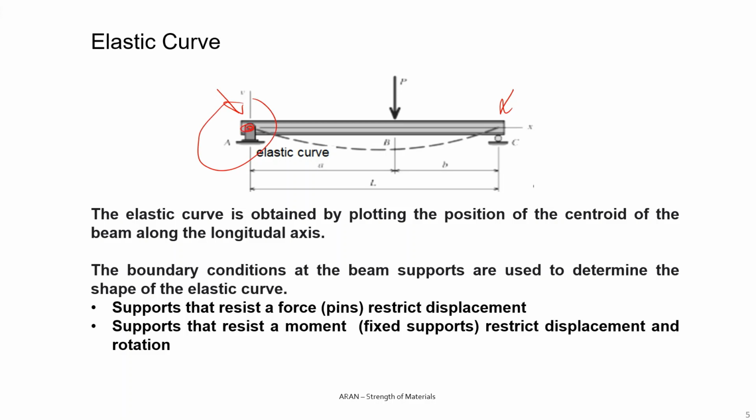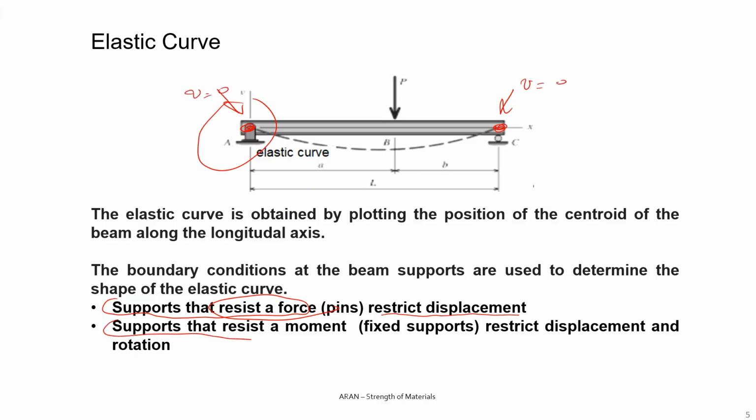For example, if you have pins in the structure, so pins are supports that resist a force. Well, here in these points, the displacement is restricted. V equals 0. V equals 0.